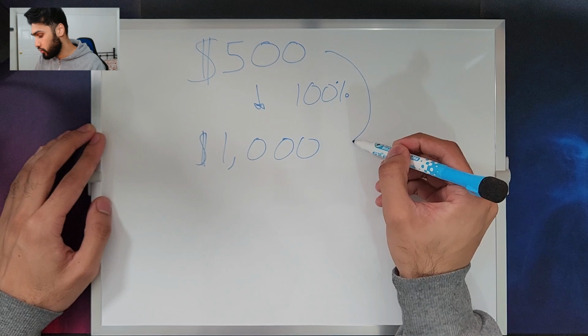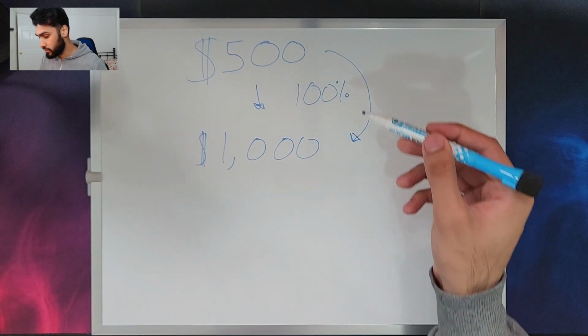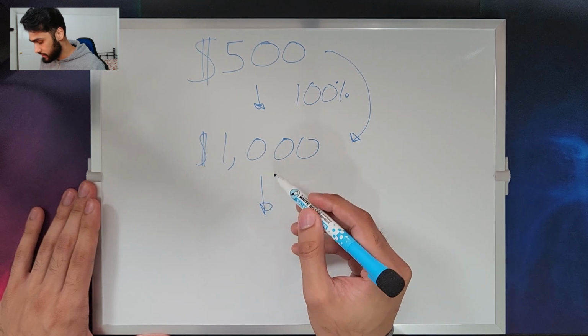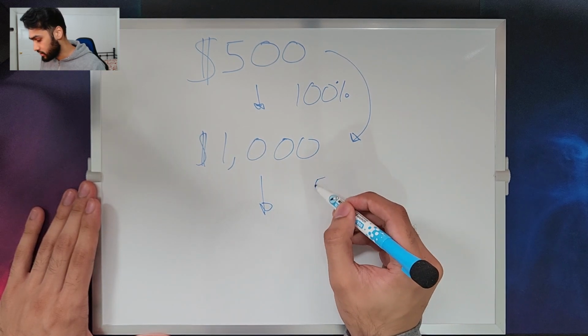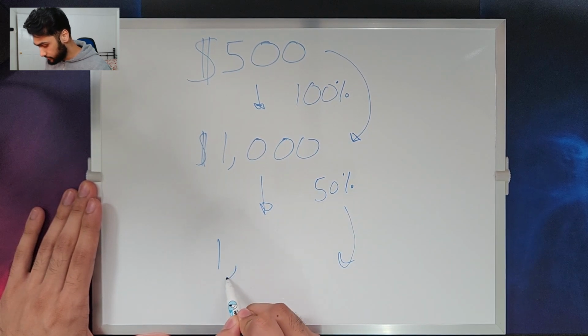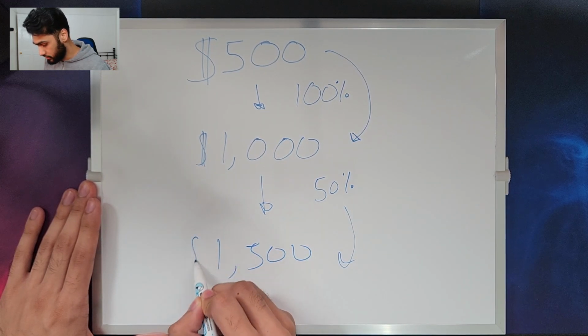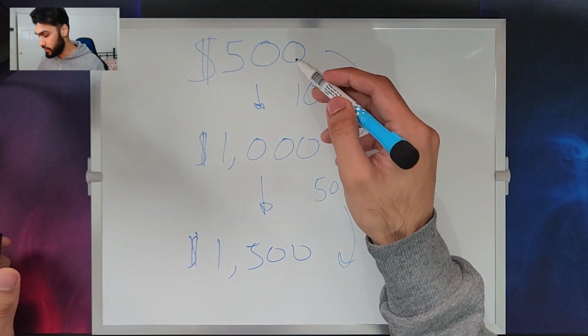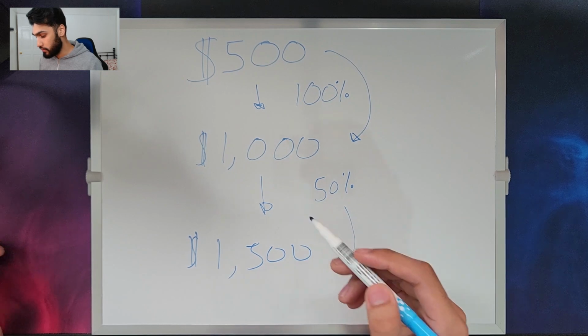So then they're going to go from $500 to $1,000, flipping it 100%, and then after that they'll be like, you know what, since the account balance is getting a bit bigger, let's start risking 50% of the account balance to then make $1,500, and they'll continue risking large sums as such to try and flip $500 to $5,000.